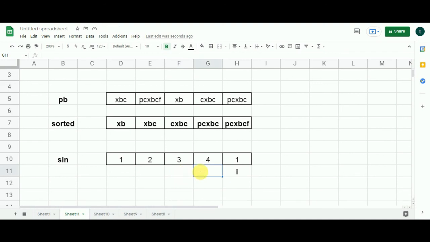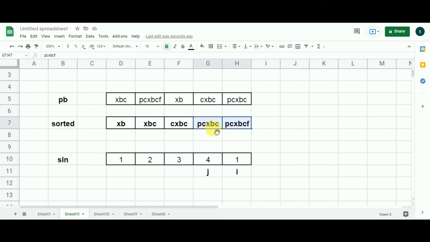J moves one cell to the right and it now represents pcxbc and I represents pcxbcf. The difference between the lengths of these two words is 1, so condition number 1 is satisfied. We are going to check if the order of the common characters between the two is same or not.